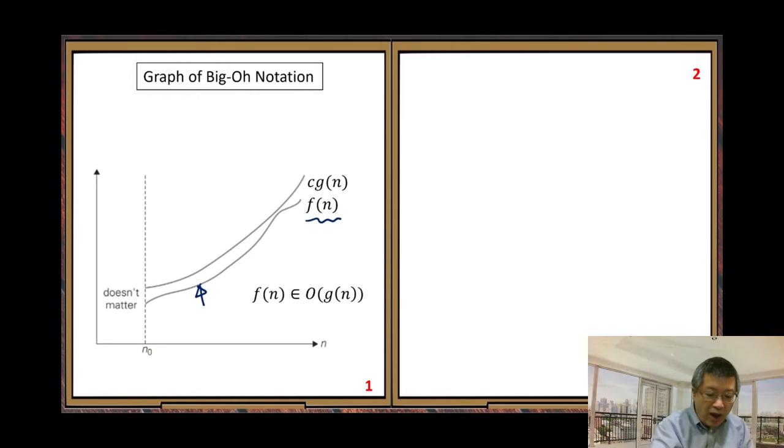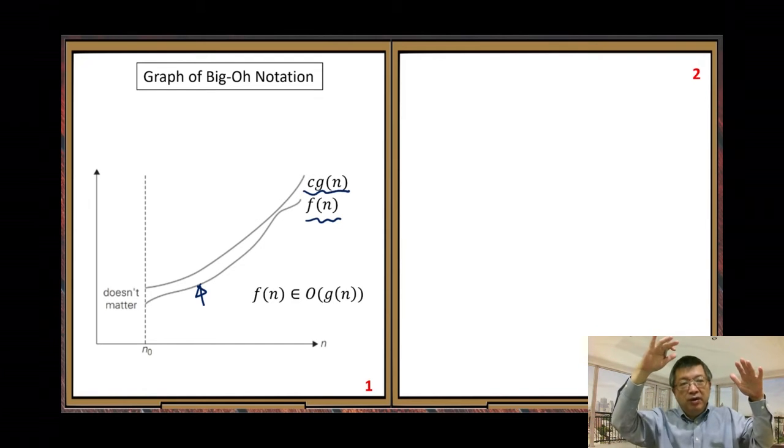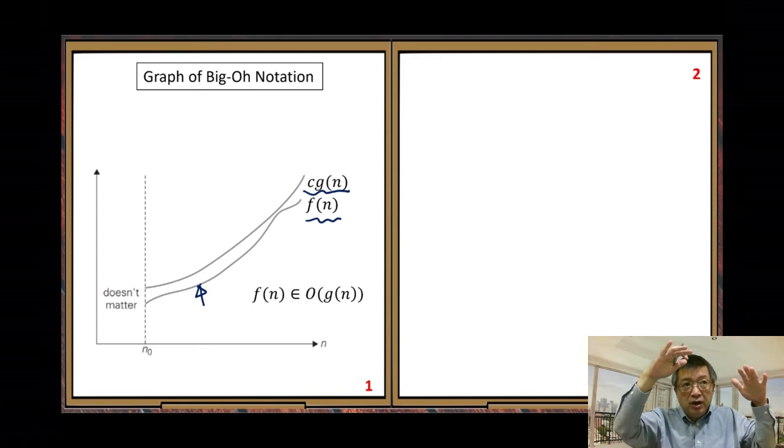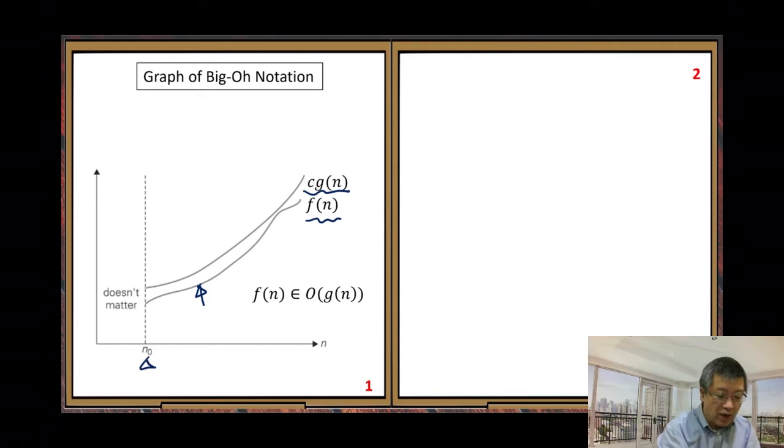So the graph of c g function should be higher. We know the value should be larger, higher than that of f function.